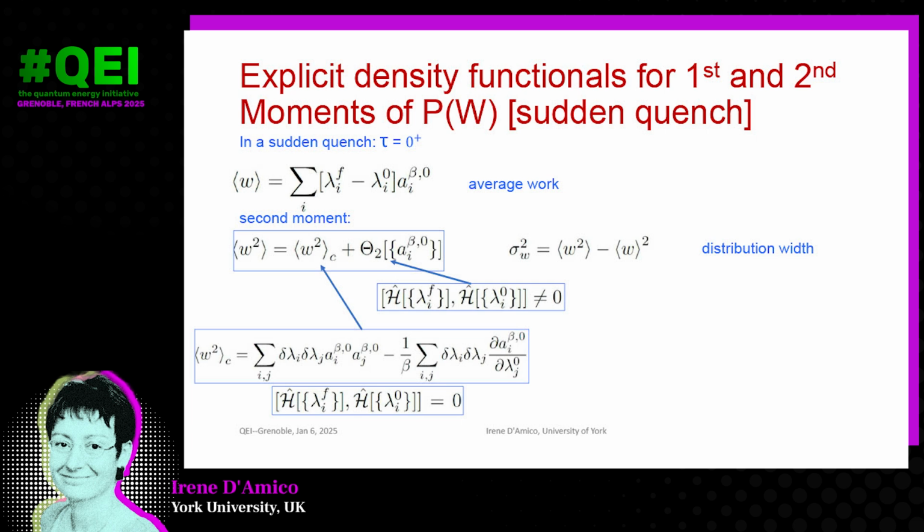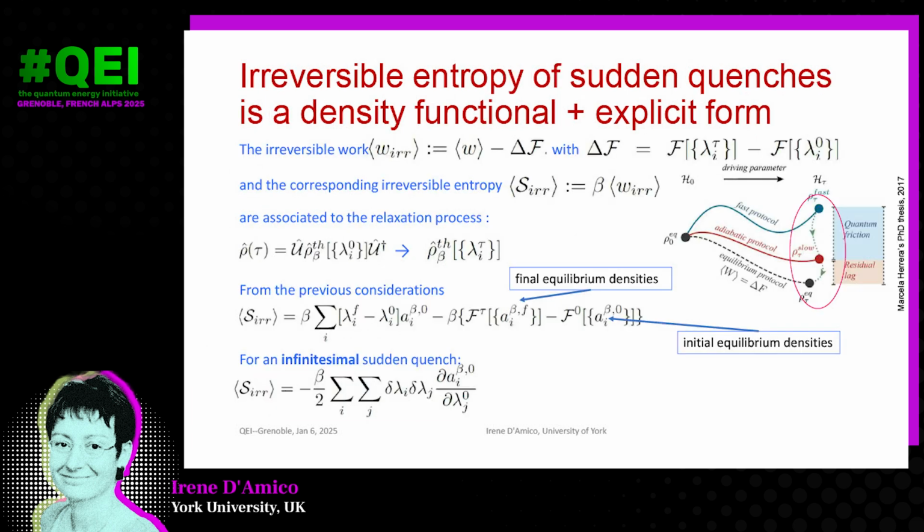The second term occurs because the initial and final Hamiltonian don't commute. We give an explicit way of, oh my God, okay. I will really rush. You can look at the paper to have an expression for this.